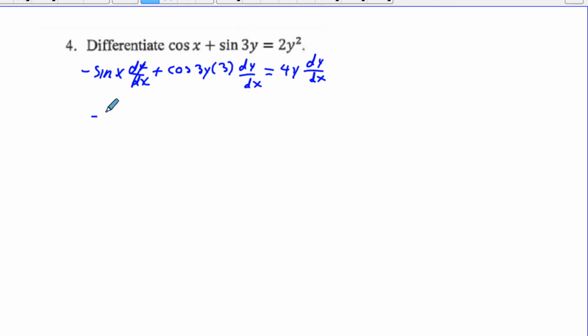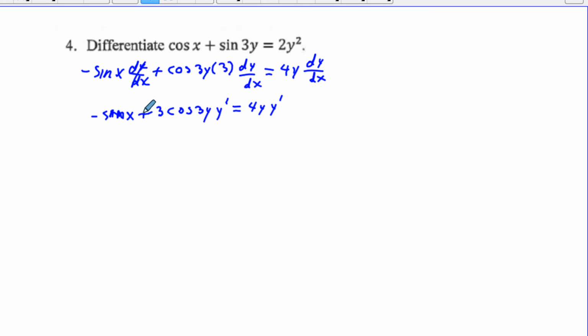So we have negative sine x, plus we have this 3, so we're going to have 3 cosine 3y, excuse me, times y prime. And on the right side of the equation we have 4y y prime.